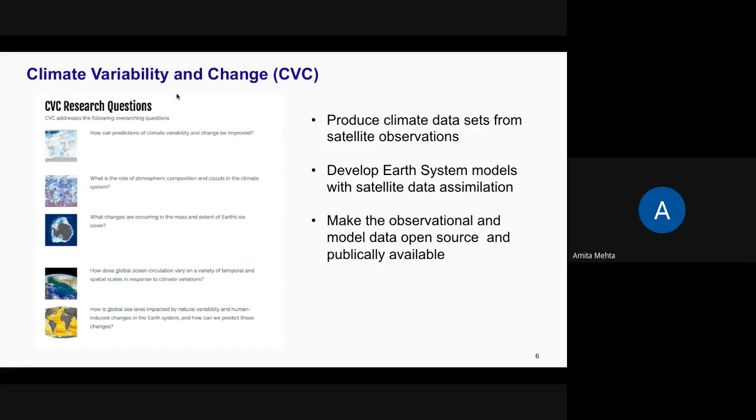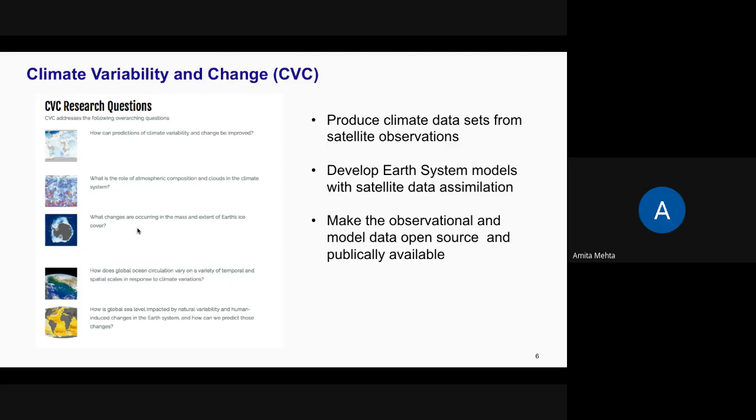So climate variability and change, or CVC as it's known here, has these major thematic areas, as you can see. The questions are, how can predictions of climate variability and change be improved? What is the role of atmospheric composition and clouds in the climate system?